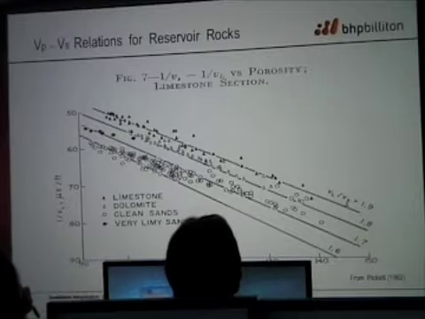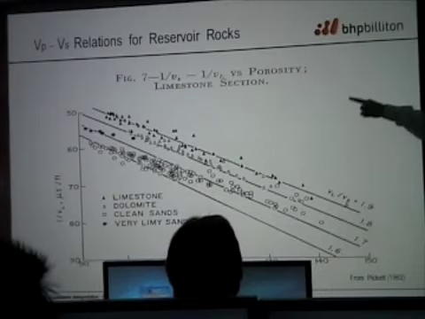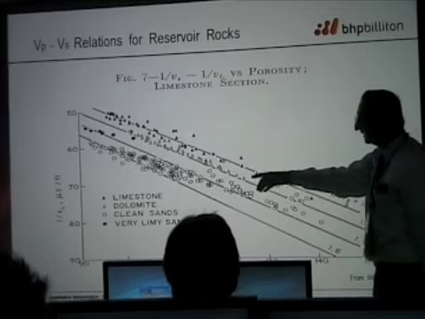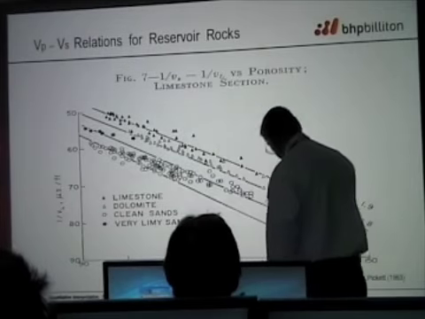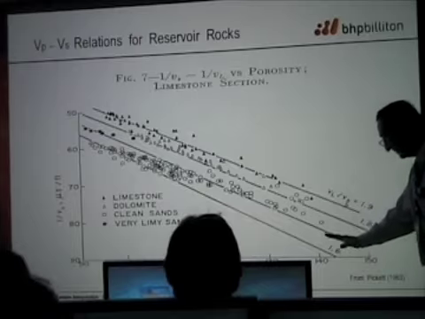Here's a measurement of some laboratory data in transit times of shear versus transit times of compressional waves on the abscissa for different rock types, made by Pickett way back in the 60s, I think 63. And these are lines of constant VP to VS ratio.